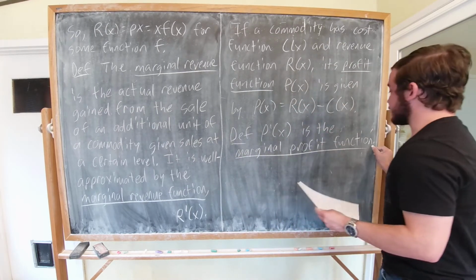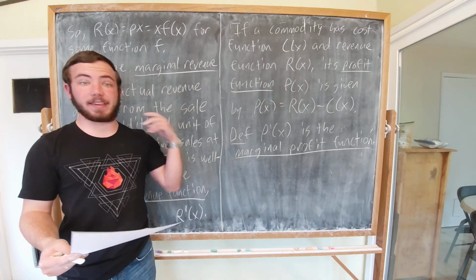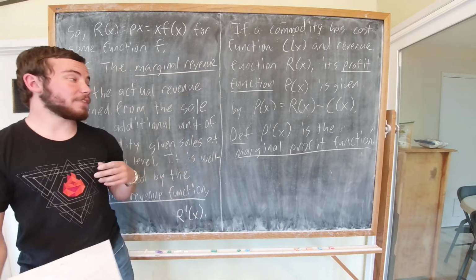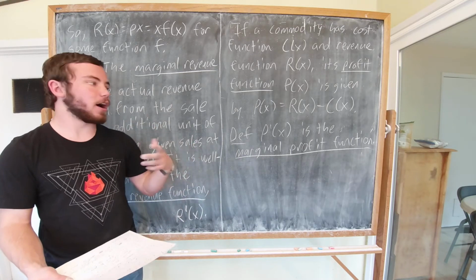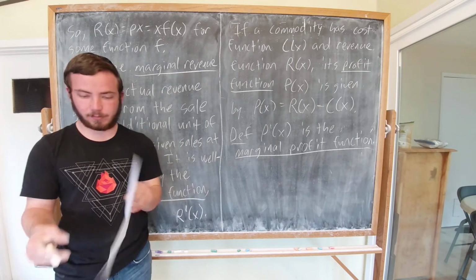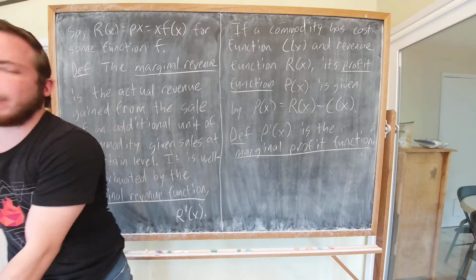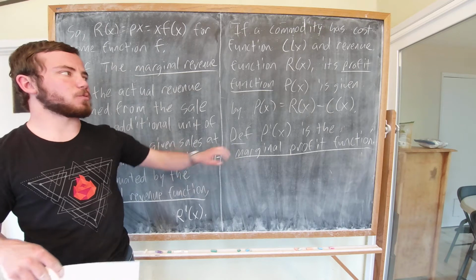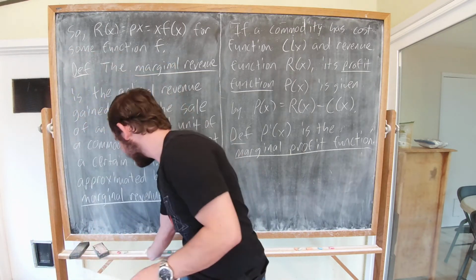And exactly like the other two, it's going to approximate the amount of gain or loss that results from the sale of an additional unit of your product. All right, that's that page. So let's do some examples with these profit functions, start kind of gluing all this stuff together.